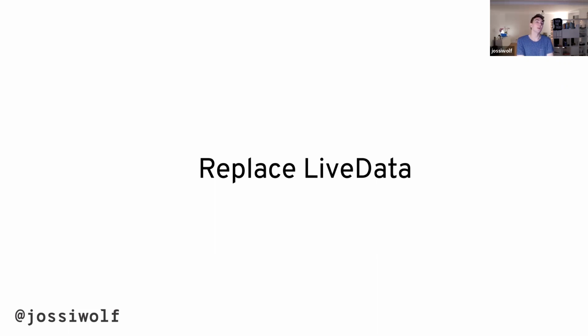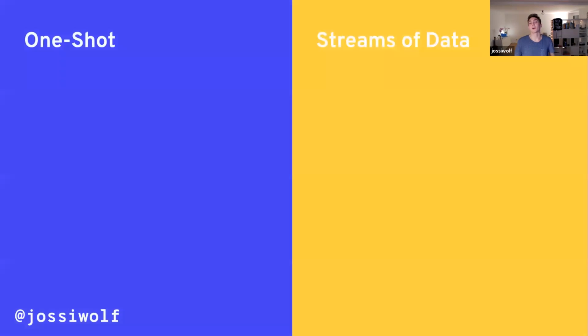So what we did was we looked at the things that we had going on. We discovered that we generally could divide up all the use cases that we were using LiveData for into two categories. First of which was one-shot events.